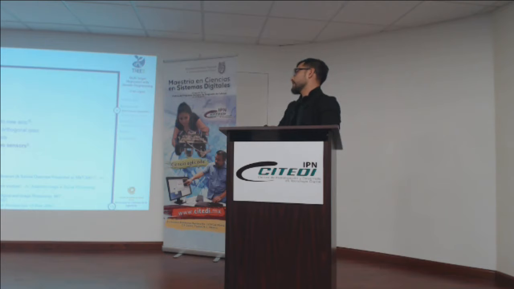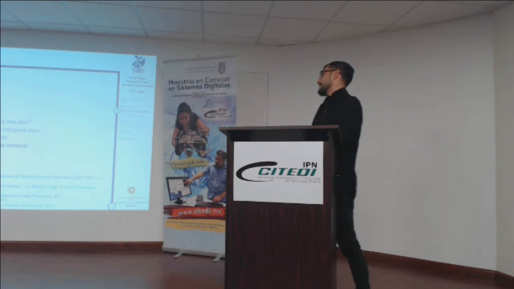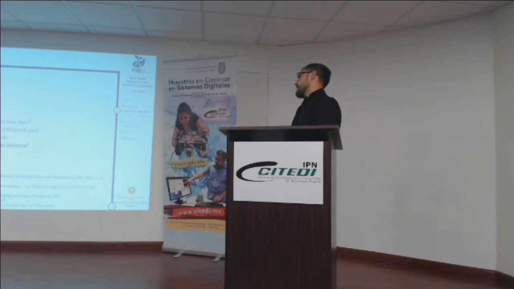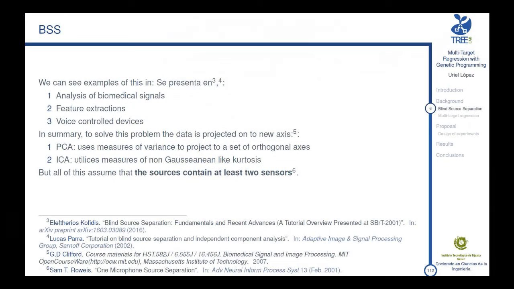where we can see examples of this is in analysis of biomedical signals, feature extraction, voice-controlled devices. In summary, to solve this problem, the data is projected onto new axes, and it can use measures of variance to project to a set of orthogonal axes, or it can utilize measures of non-Gaussianity like kurtosis.